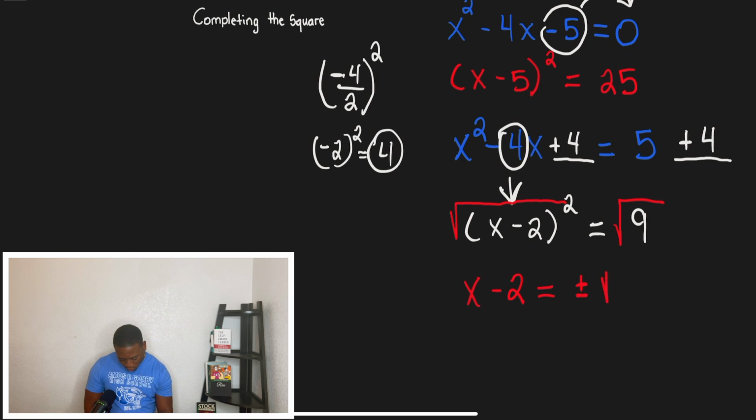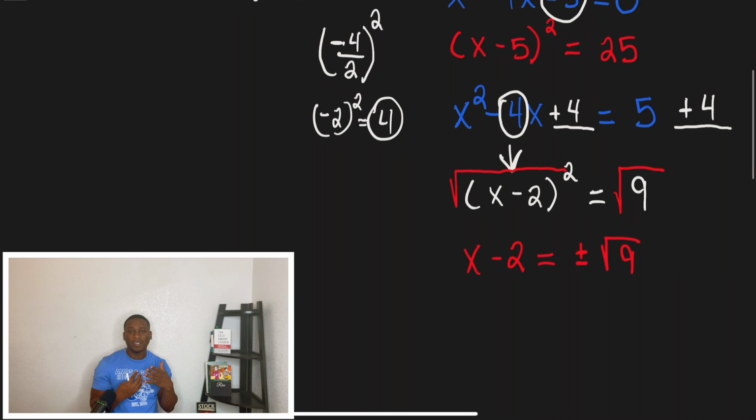So just understand when you see this plus or minus the square root of 9, we're going to have two answers. Because typically what happens is if you square it, you're going to have a negative answer and a positive answer. And I'm going to show you what I mean.